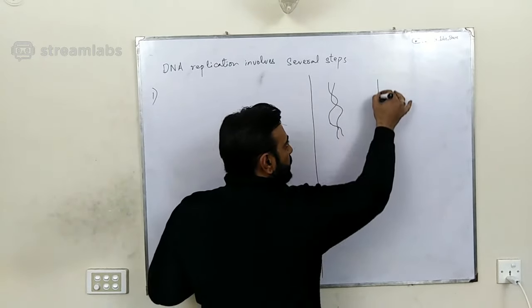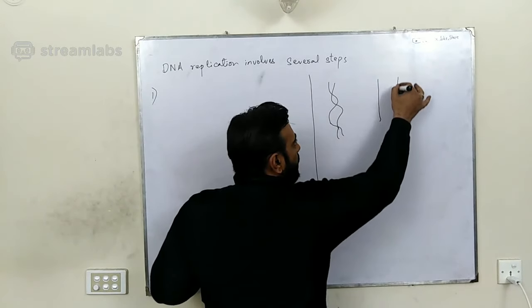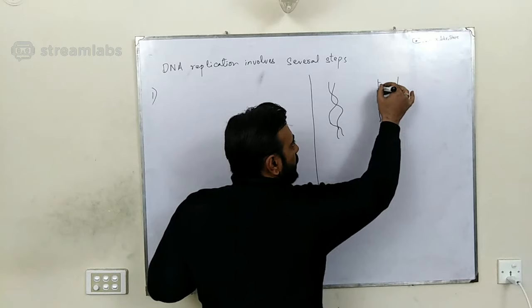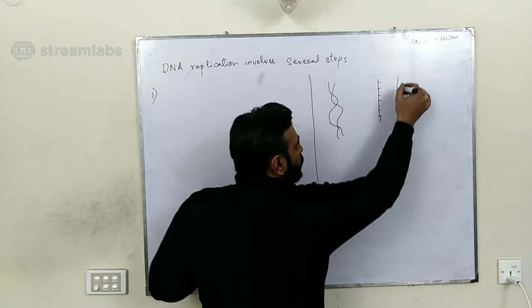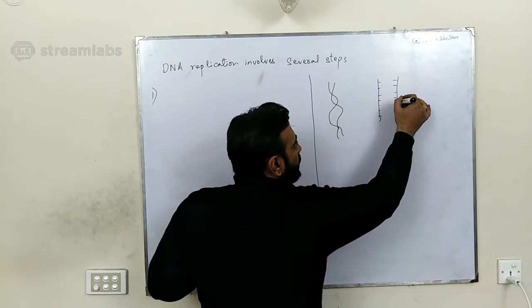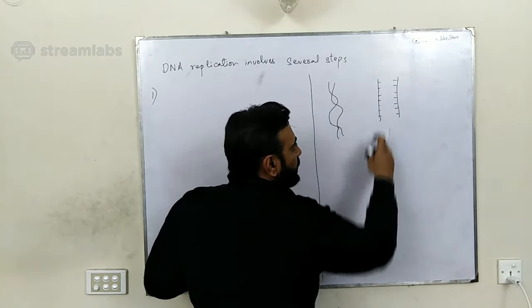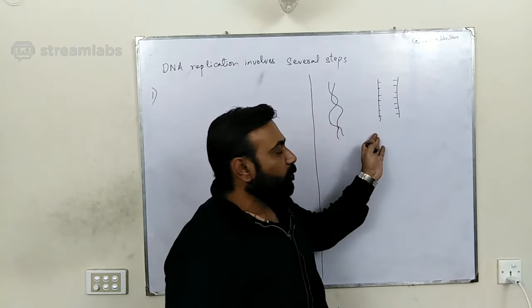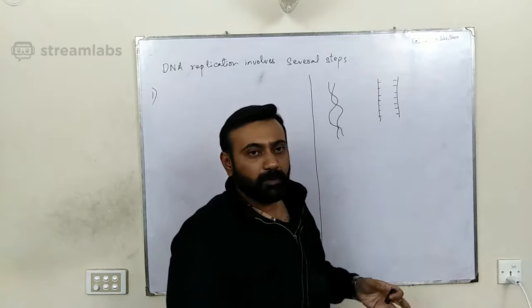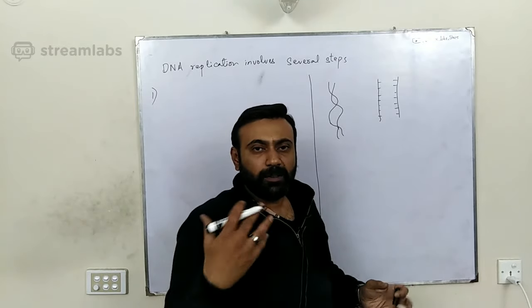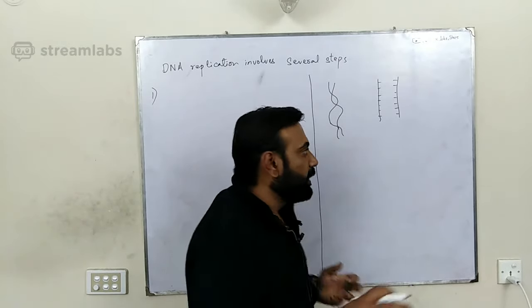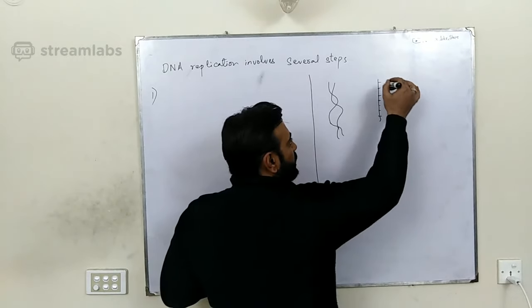They had a sequence of nucleotides. If we know the sequence of nucleotides on one DNA strand, the other we can predict, because I told you about the complementary base pairing, because they have hydrogen bonds between them.